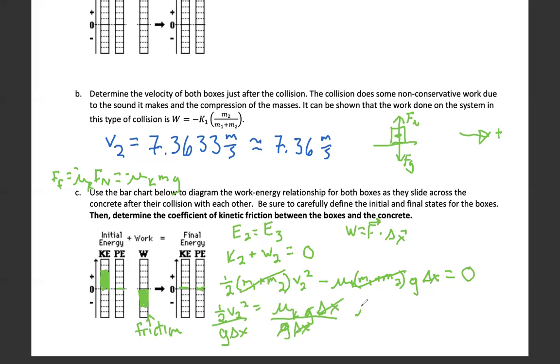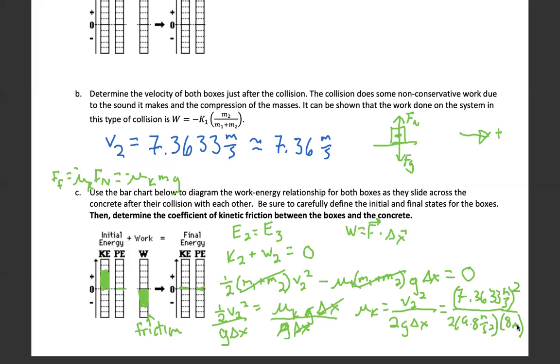And that's going to give us mu k equals V2 squared over 2g delta x, which is 7.3633 meters per second, the whole thing squared, over 2 times 9.8 meters per second squared times that 8 meters that it slides horizontally.